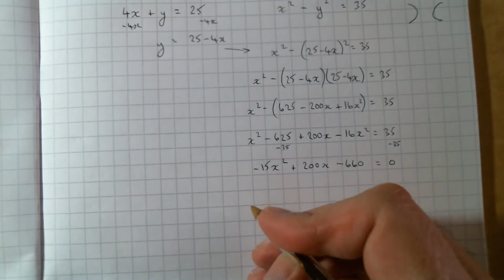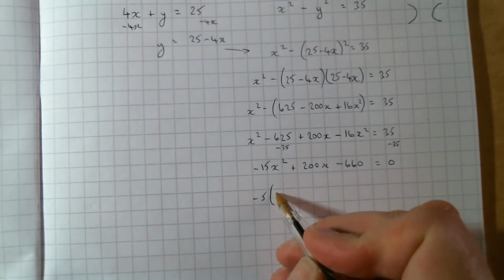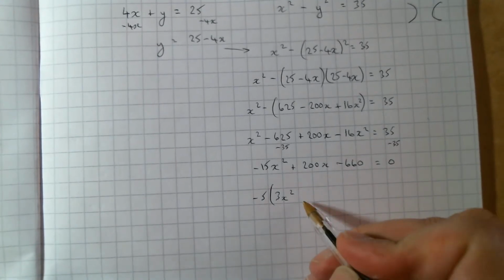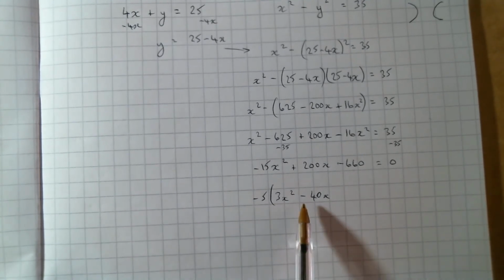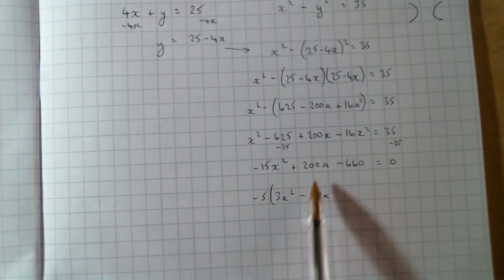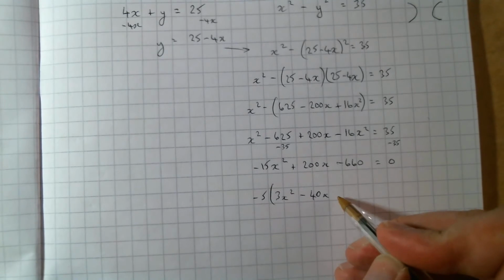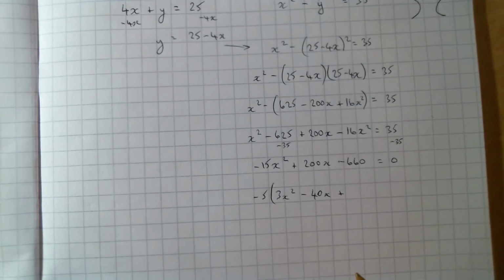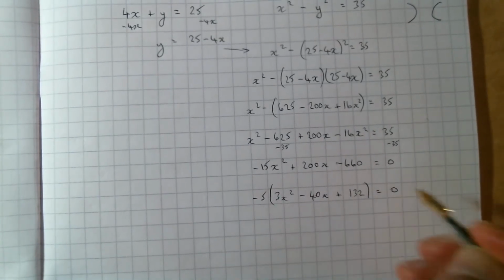So what I think I'll do is factorize it like that. 3x squared minus 40x, just double check, negative times negative makes positive, 5 times 40 makes 200, that's working. Negative times something makes a negative, that needs to be a plus. 660 divided by 5 is 132. Gets me to there.